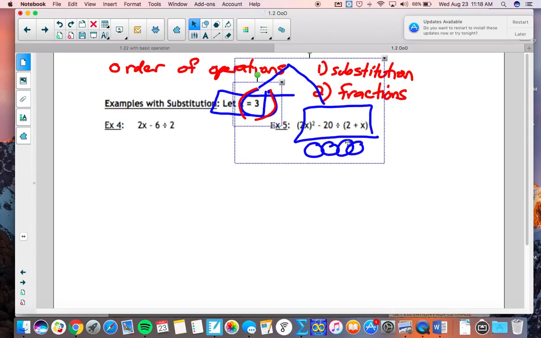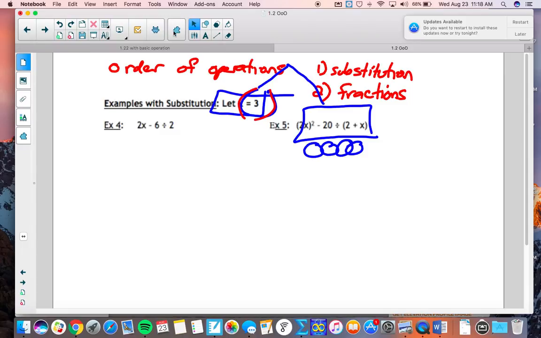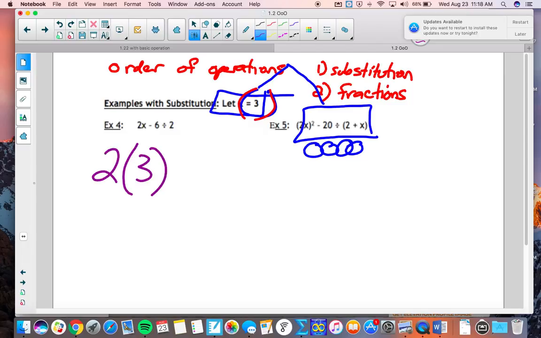And when we put the 3 in place of the x, we need to make sure that we have the parentheses around it. So instead of 2 times x, 2 times parentheses 3. There are the scoops around the 3. It helps you see that you substituted the 3 in, and it also helps with some difficult math situations that can arise when we're simplifying these expressions.